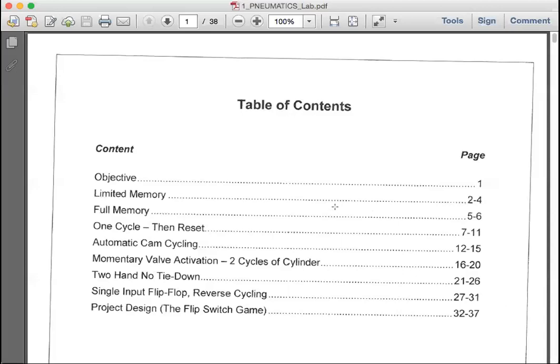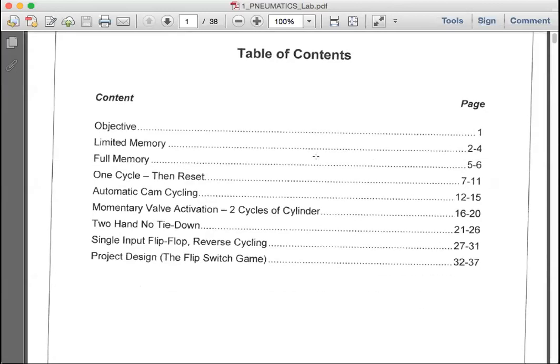Okay. So, for example, you have this report. Beside the front page, where there would be your names, the name of the report, meaning pneumatics, and your group number, which I will assign later today, the second page is the table of contents.